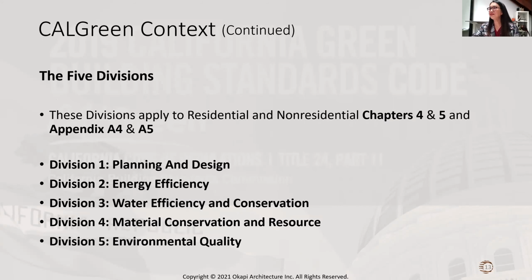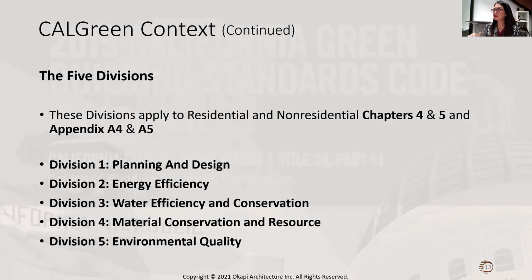So the 5 divisions in each chapter, this is where LEED comes in, very similar to LEED. Division 1, planning and design, so it's dealing with the site issues. Your EV charging and EV parking spaces all come into Division 1. Division 2, energy efficiency, is very similar to the Title 24 energy code. Then Division 3, water efficiency and conservation.